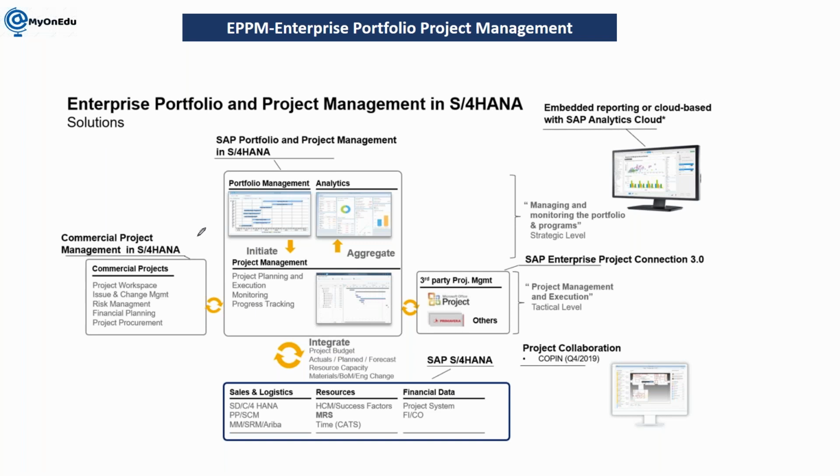Okay, so just see here, this is SAP portfolio project management, SAP S/4HANA. So here in SAP portfolio project management, we have two further components. One is portfolio management, another is project management. This portfolio management is used to manage your portfolios, your proposals, your initiatives, ideas. So just take one scenario. Let's say you are working in an organization and you got one proposal from higher management that you need to construct one new office at a particular location.